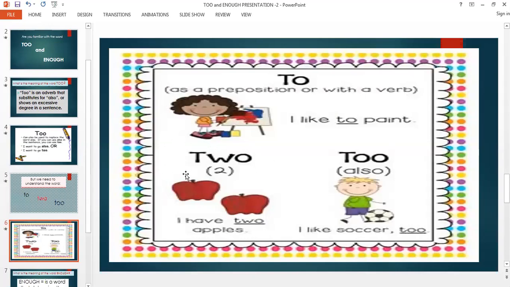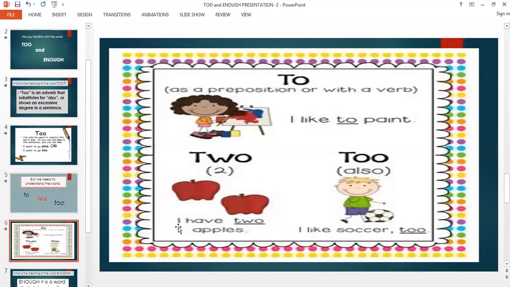Next, the second word is "two", spelled T-W-O. This word is the part of speech that belongs to determiner. A determiner determines what will happen to the noun. I have two apples. Now you are determining how many apples you have.